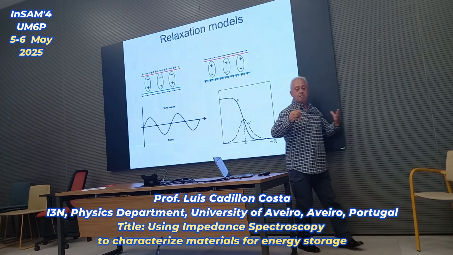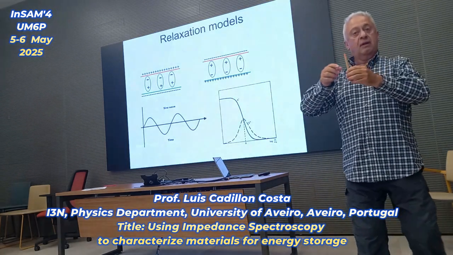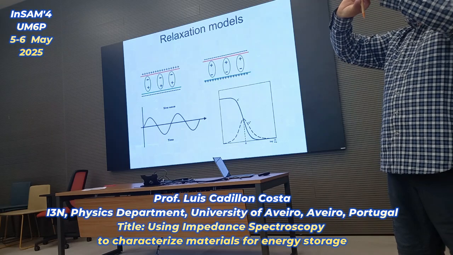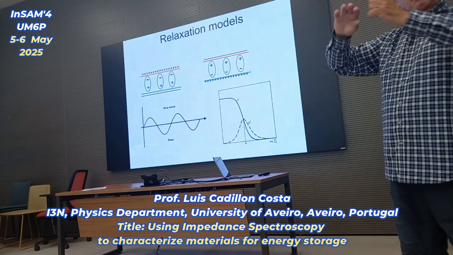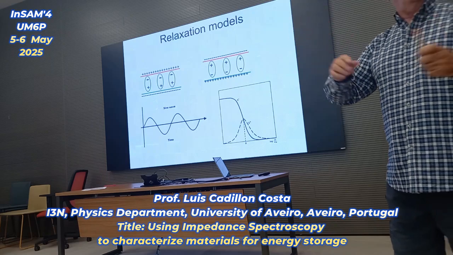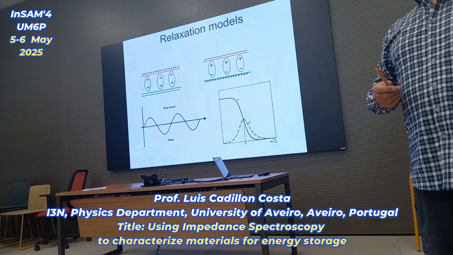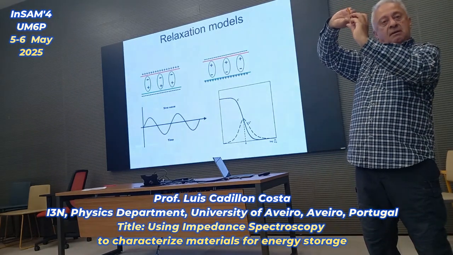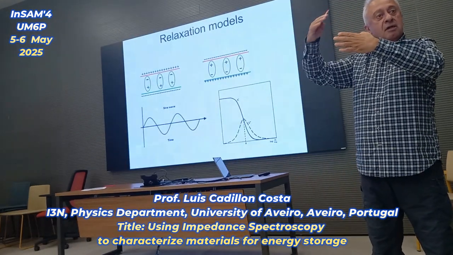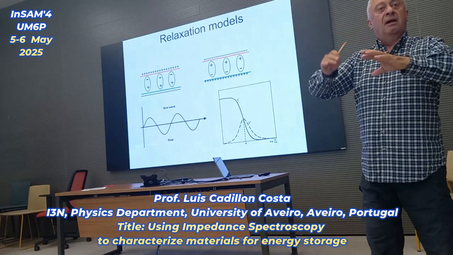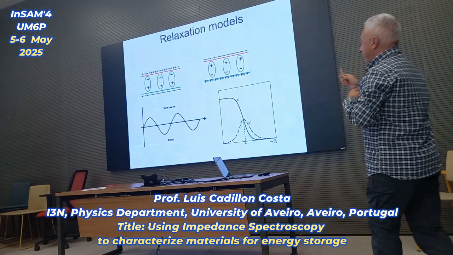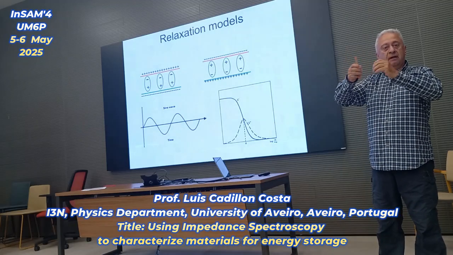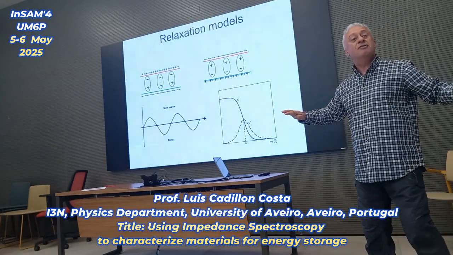What I'm doing in impedance spectroscopy is, I start with a very low frequency, and all of them rotate. 1 hertz, for example, means one time per second, so it takes one second to make this. Then I increase the frequency. At a certain moment, some of the dipoles cannot align because it's so quick that some dipoles are almost dead.